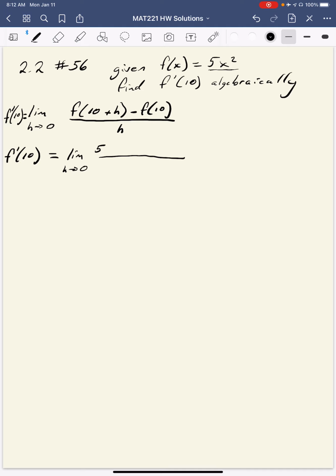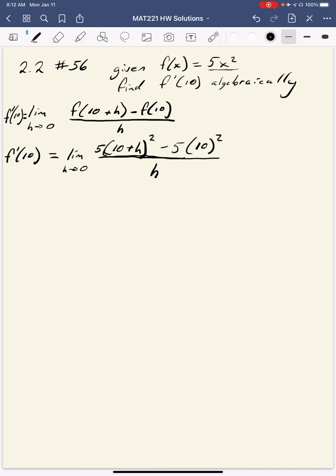So that's 5 times 10 plus h quantity squared minus 5 times 10 squared. That's the change in my outputs all over h.